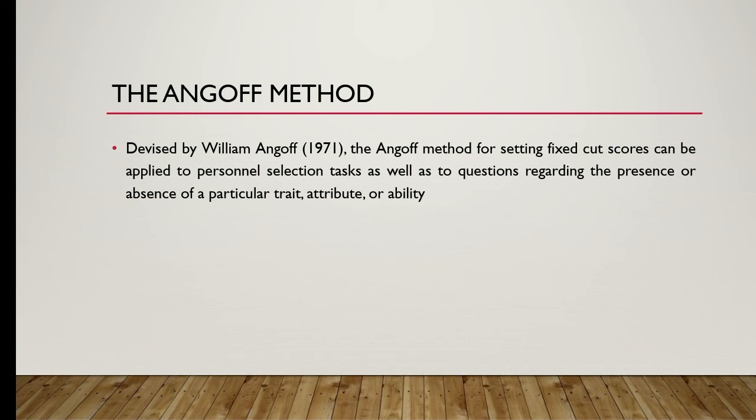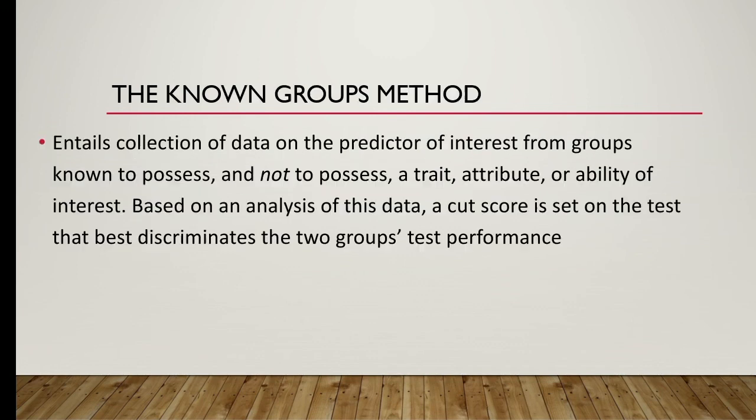The next one would be the known groups method, also referred to as the method of contrasting groups. The known groups method entails collection of data on a predictor of interest from groups known to possess and not to possess a trait or ability attribute of interest. Based on an analysis of this data, a cut score is set on the test that best discriminates the two groups' test performance.